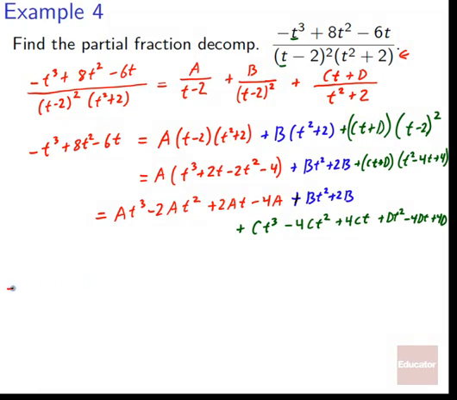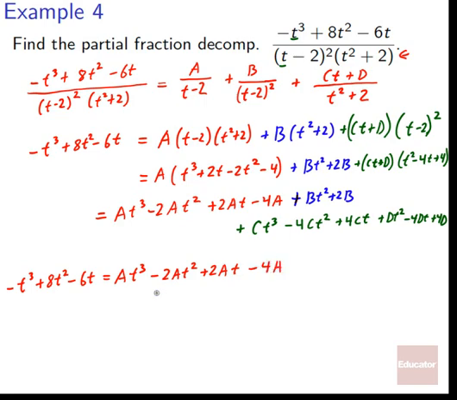So we can say this is negative t cubed plus 8t squared minus 6t equals, and we can put this in that form again of exponent 3, exponent 2, exponent 1, exponent constant, minus 2at squared plus 2at minus 4a.